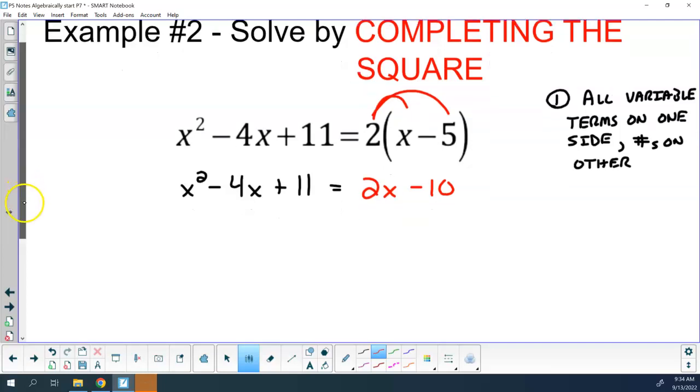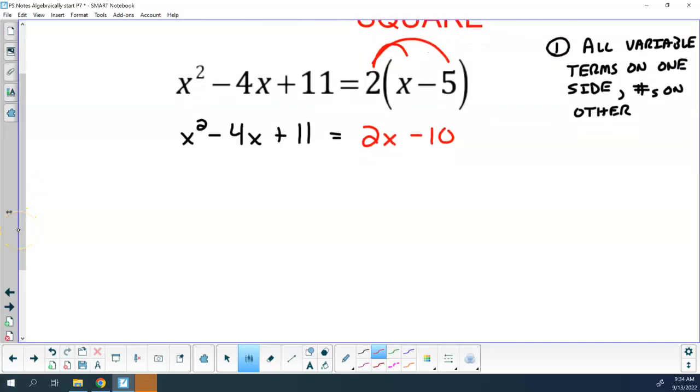Then subtract 2x, and at the same time subtract 11 from both sides. That gives me x squared minus 6x equals negative 21. And yes, I intentionally left the gap after my 6x.